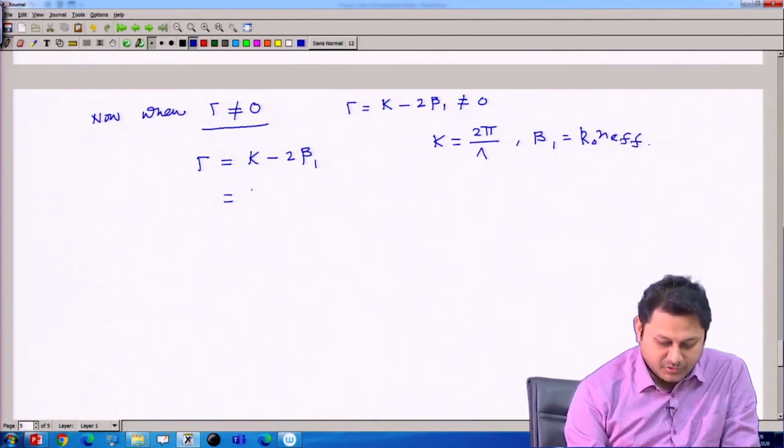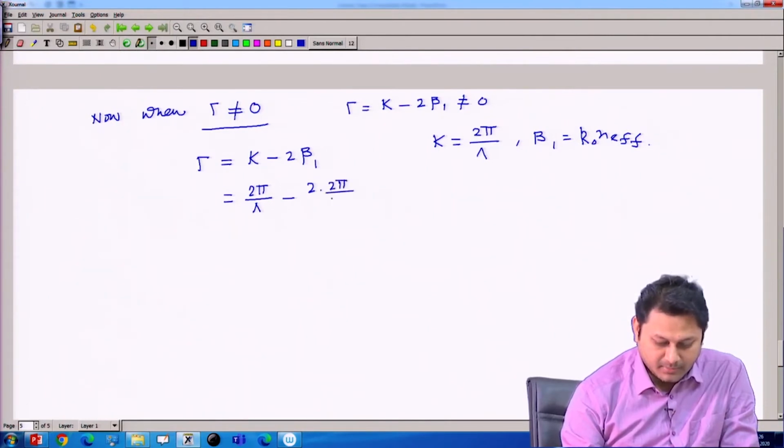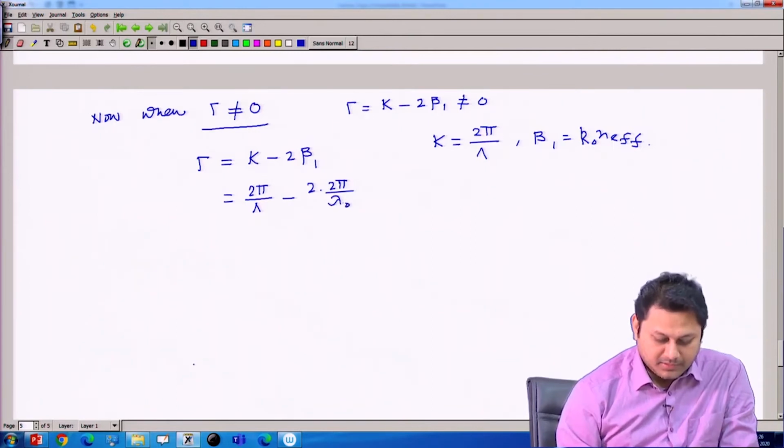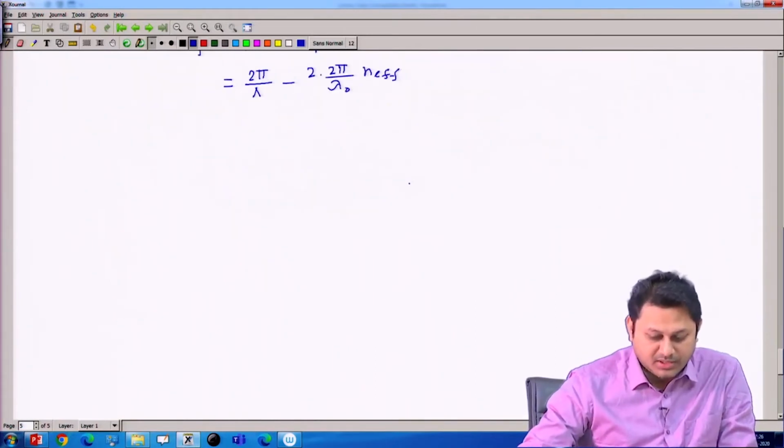So I can write it as 2 pi divided by the grating period minus 2 K 0, which is 2 pi divided by lambda 0 times n effective. I just rewrite what gamma is with the known terms.